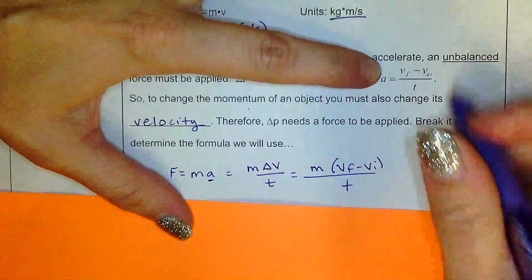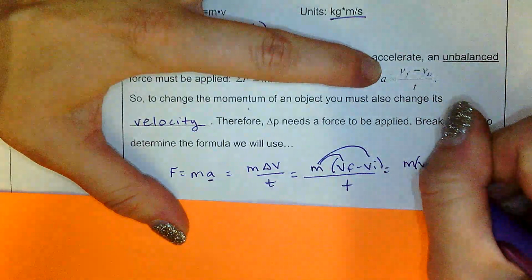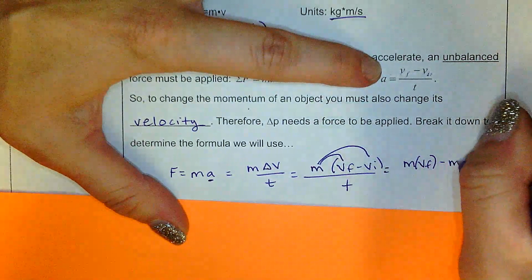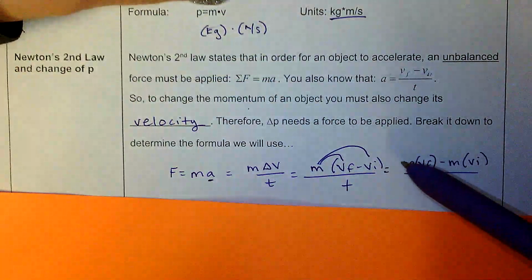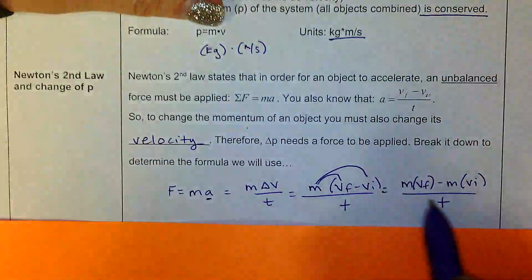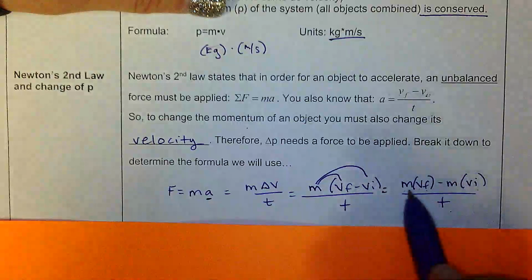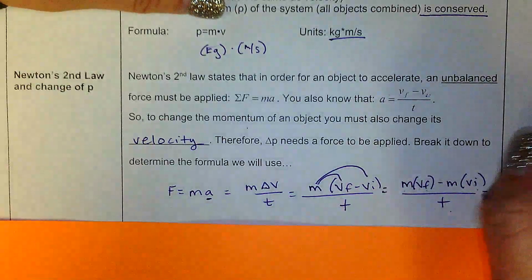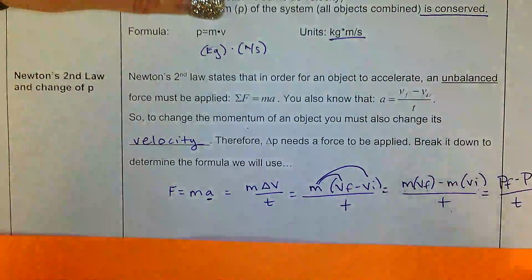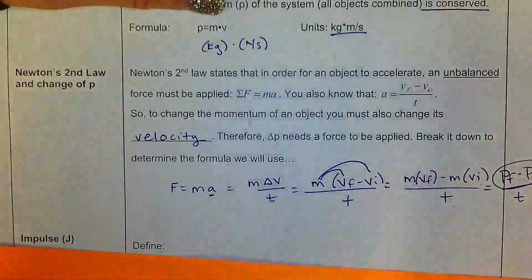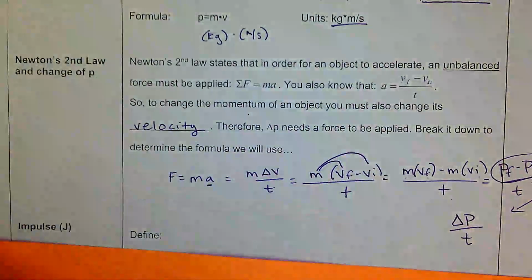If I break this down mathematically, do your distribution, you'll get mass times Vf minus mass times Vi over t. Remember that momentum is just mass times velocity, right? So what we're getting here is our final momentum minus our initial momentum over time. So the change in momentum, in other words. All right, so that final momentum minus that initial momentum over time. And if we're talking about the change in something, we can write it as the change in momentum over time.